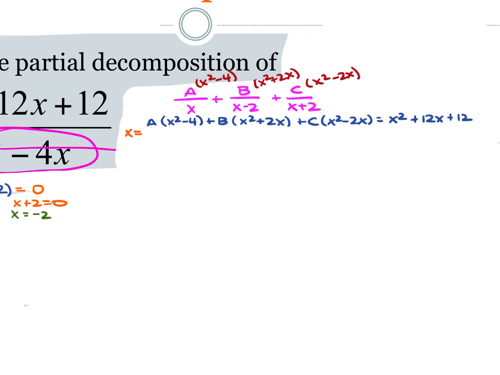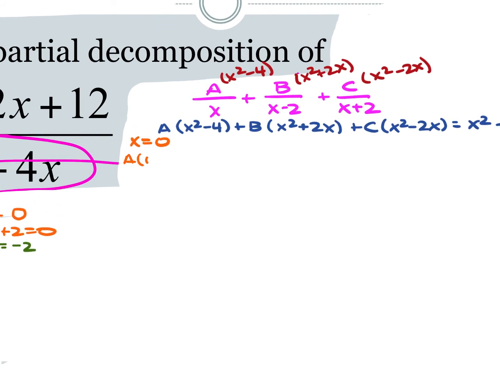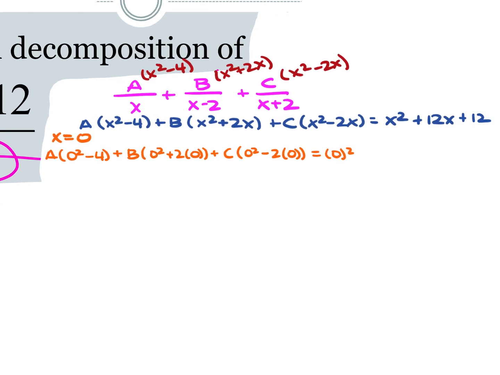We're going to start with x is equal to 0. This is going to give us a times 0 squared minus 4 plus b times 0 squared plus 2 times 0 plus c times 0 squared minus 2 times 0 is equal to 0 squared plus 12 times 0 plus 12. That 0 squared minus 4 is just negative 4.